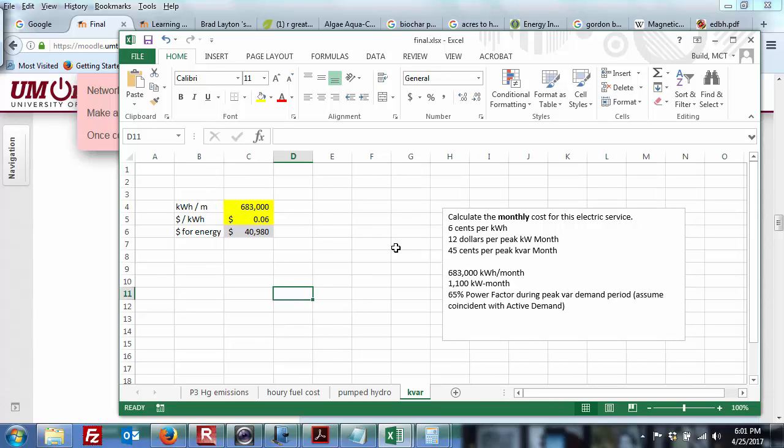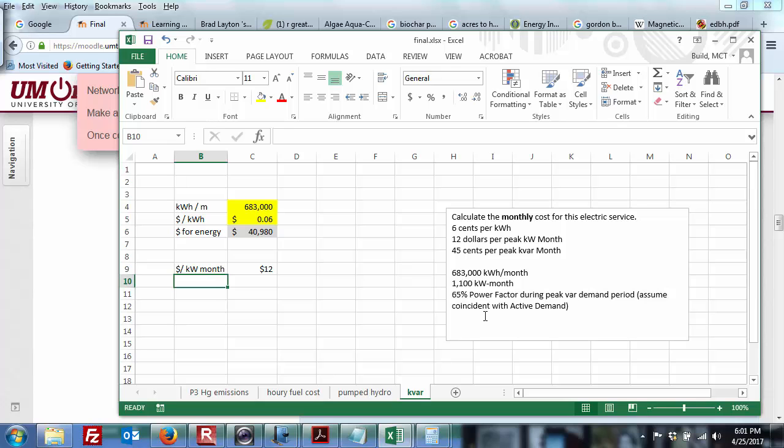$12 per peak kilowatt month. So dollars per kilowatt month, 12. Kilowatt month, 100.